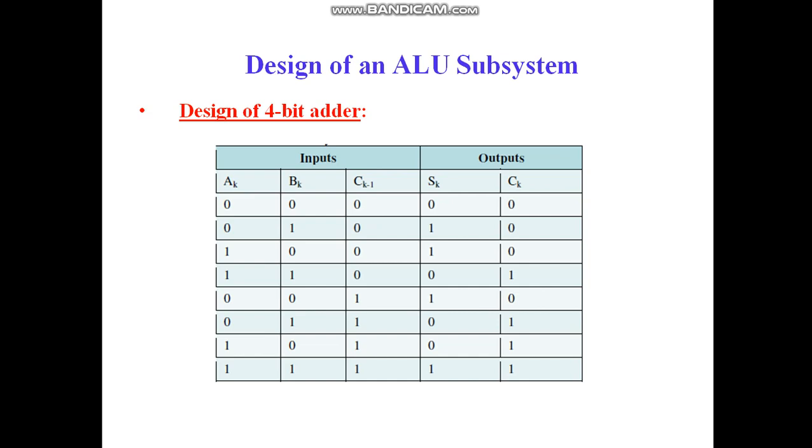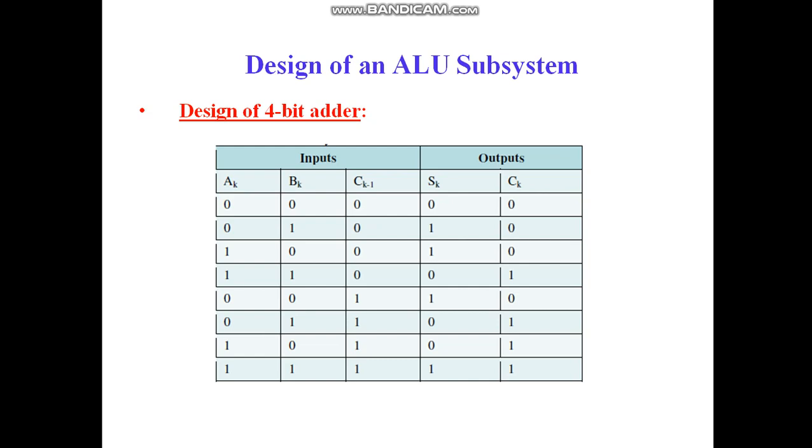The next combination, AK and BK are 0, SK is same as CK minus 1, that is SK is equal to 1, CK minus 1 is also 1. And for the last combination, SK is 1, AK and BK are 1, CK minus 1 is 1. So we can conclude that SK is same as CK minus 1 when AK is equal to BK.